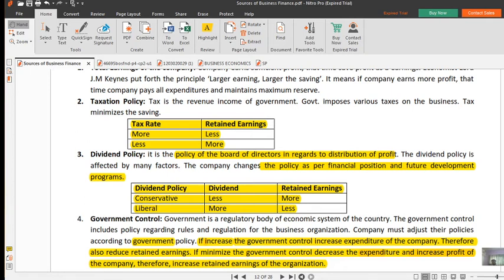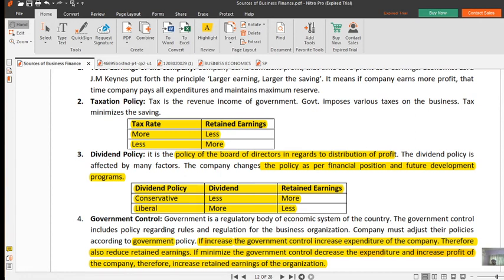The government control decrease reduces expenditure today and increases the profit of the company. As discussed earlier, larger the profit, larger is the saving; larger the earning, larger is the saving. If the profit is larger, therefore retained earnings of the organizations also increase.